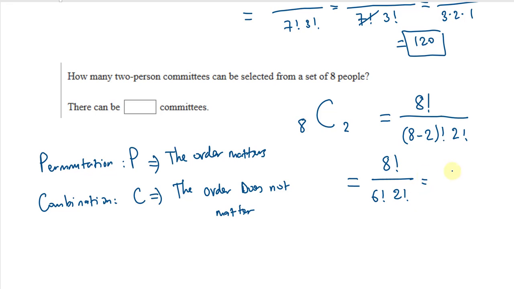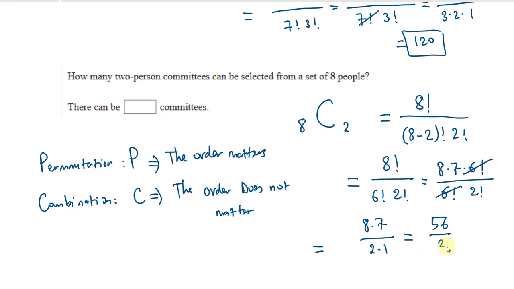So 8 times 7 times 6 factorial, we stop there, because this and this cancel out. So I have 8 times 7 on the top, and 2 factorial is 2 times 1. So this is 56 divided by 2, that is 28.